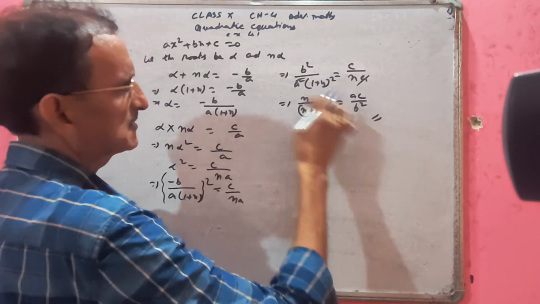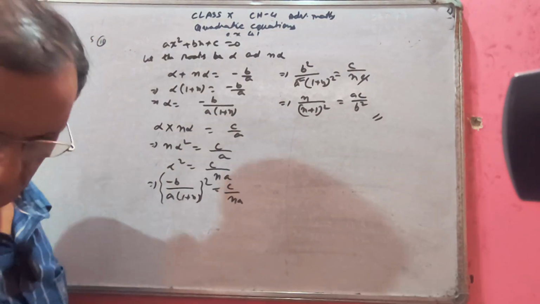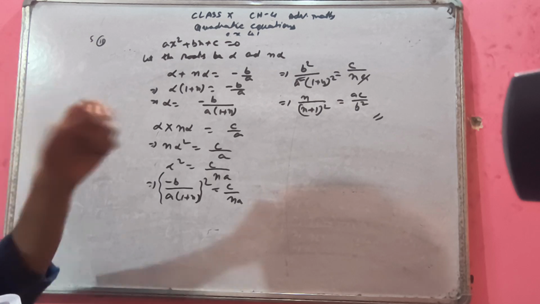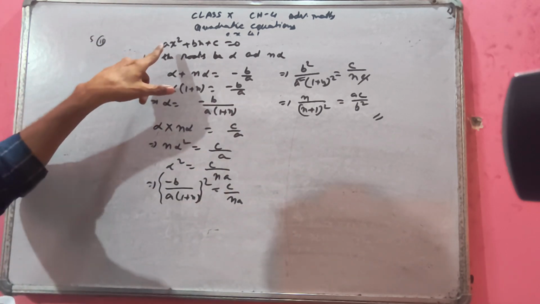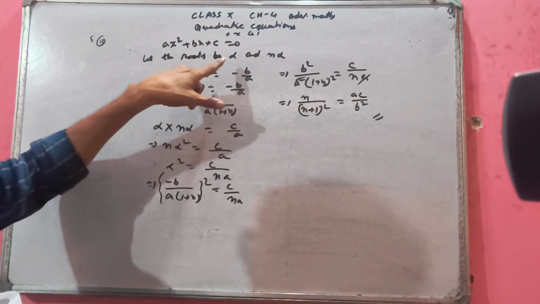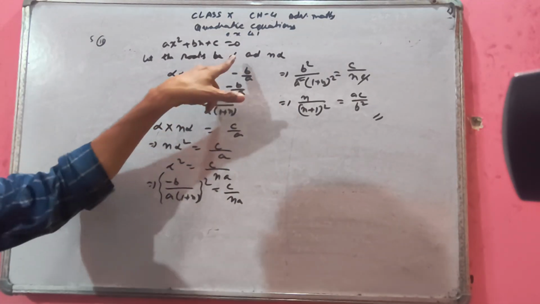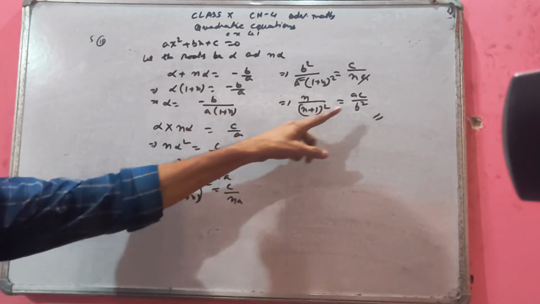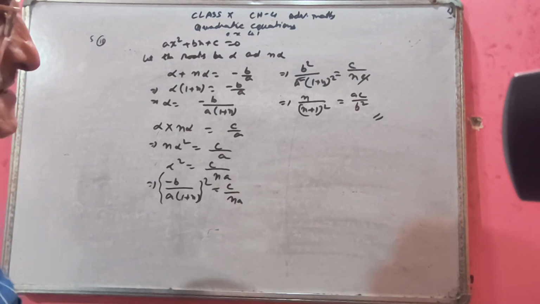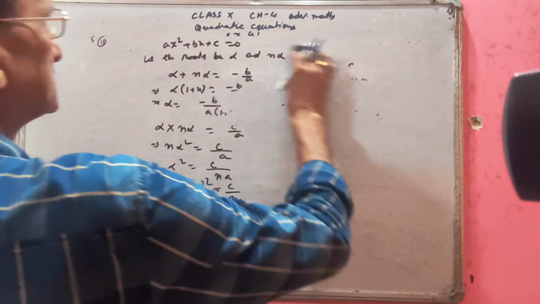So this is the condition, or you can change it a little bit also. The question is asking under what condition one root of this equation will be n times the other. So this is the required condition, and it can be interchanged also. There can be different answers.